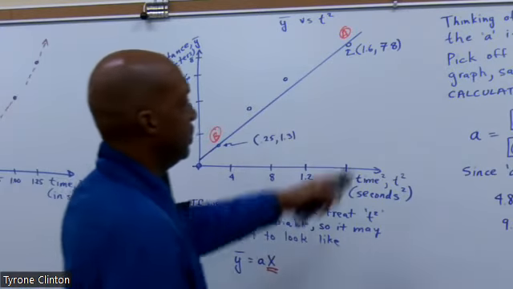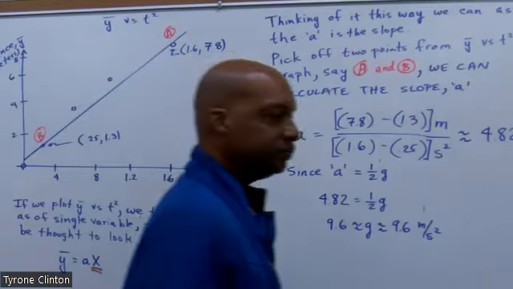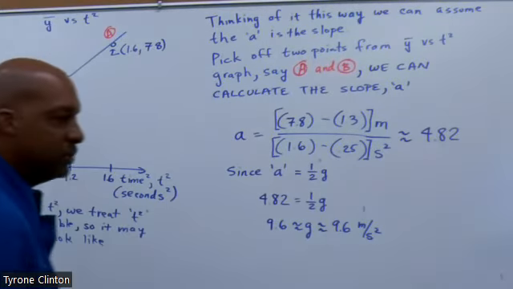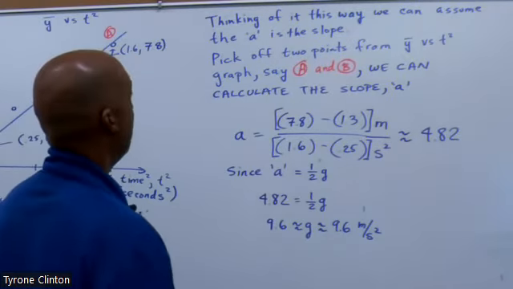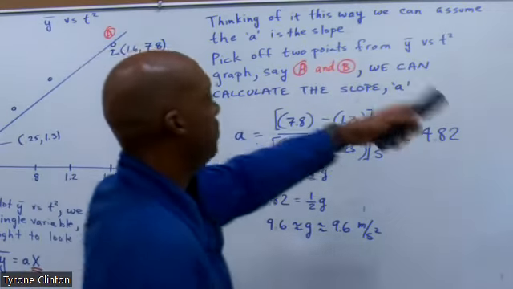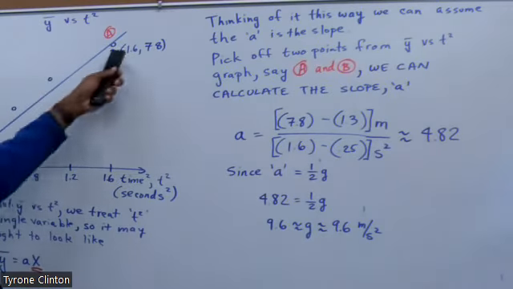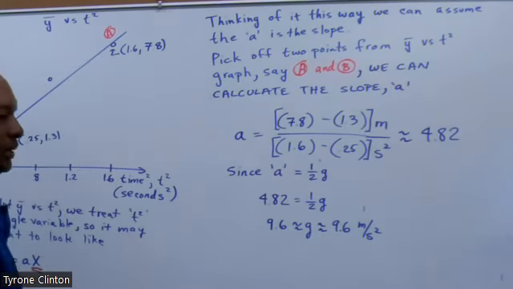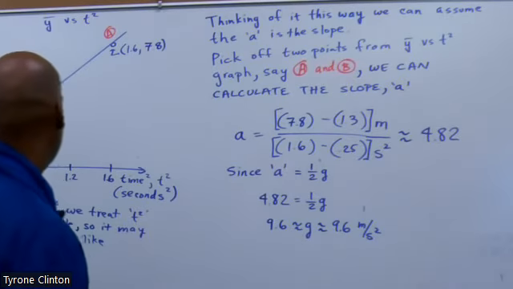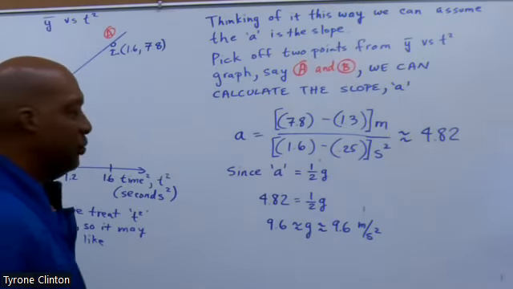So moving on over here, you can see that if we're thinking of it in the form of y bar equals ax, a now becomes our slope. And now we pick off 2 points from this graph, y bar versus t squared. Typically you want to pick some points that are not outliers. So these points are probably outliers. I could have probably used 0, 0, because that's a known.